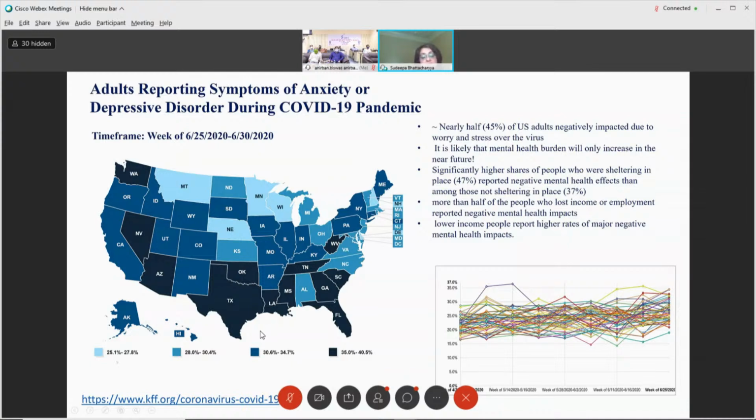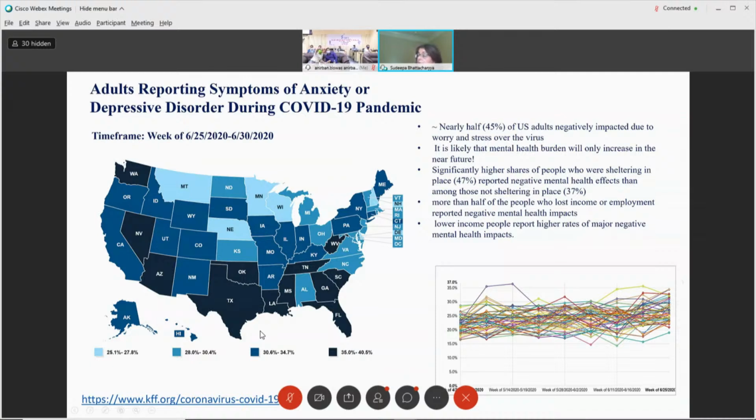Even there, the percentage of the population suffering from this disease is 25 to 28%. And on the right-hand side, you can see the trend plot that shows that from April to the end of June, the level of anxiety and depression has remained pretty steady in all 50 states of the US.